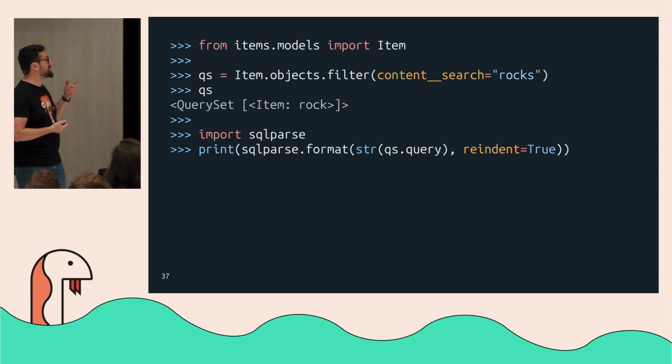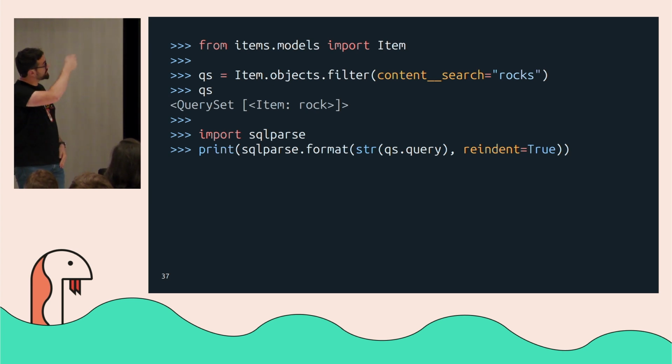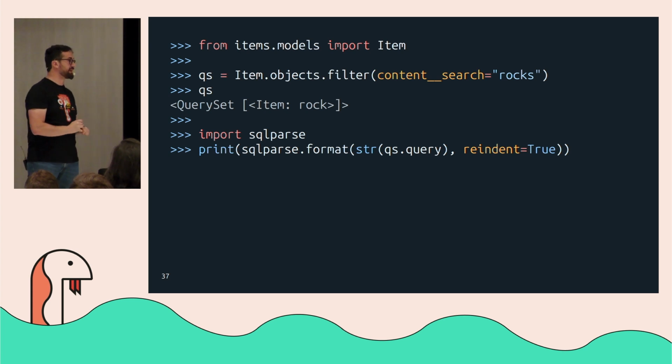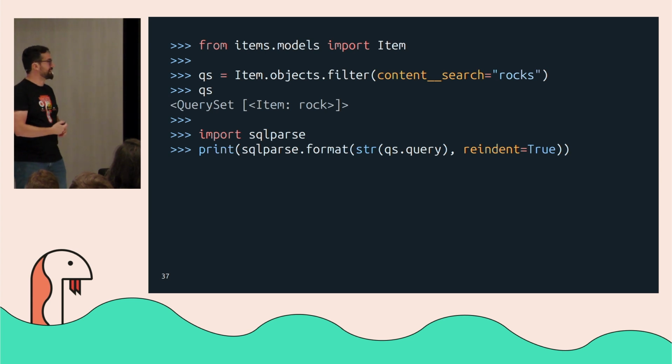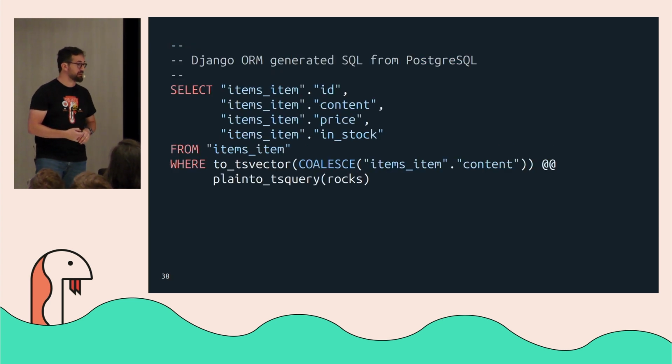And this is because, under the hood, only using this attribute, we are using the full text search of Postgres very easily. And if we are curious about what is executed, we can take the queryset we just created and use sqlparse, which is one of the only dependencies of Django, to see the code we executed.